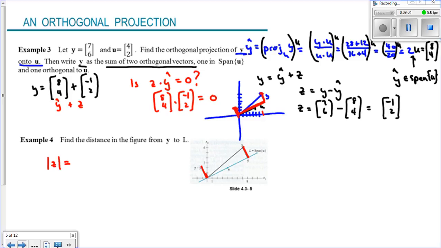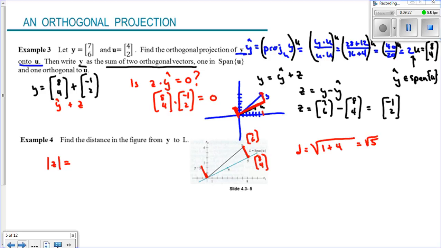If you want to look at it as if you're working with the points, the vector y is the vector 7, 6, and the vector y hat was 8, 4. The distance between those two would be the square root of 1 squared plus 2 squared.